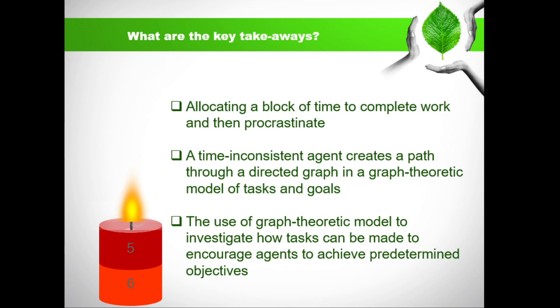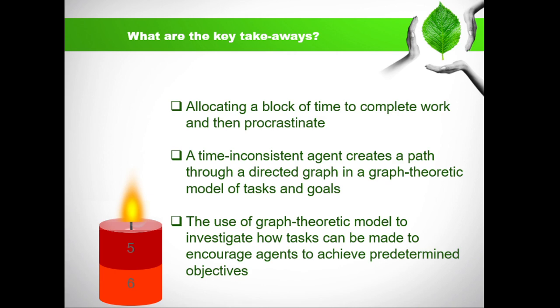It also finds that there are only polynomially many distinct forms of time inconsistent behavior in any graph. Additionally, a significant procrastination structure must be present in any graph in which a time inconsistent agent incurs significantly more cost than an optimal agent.